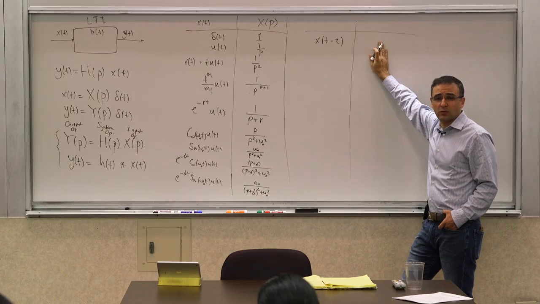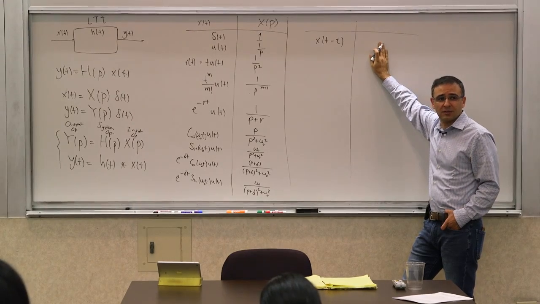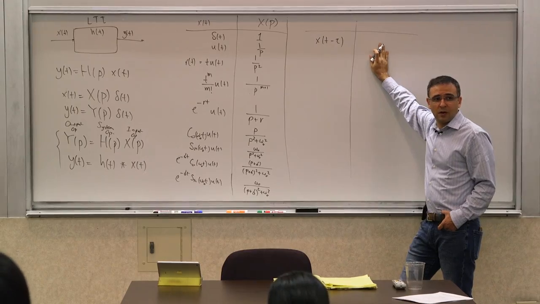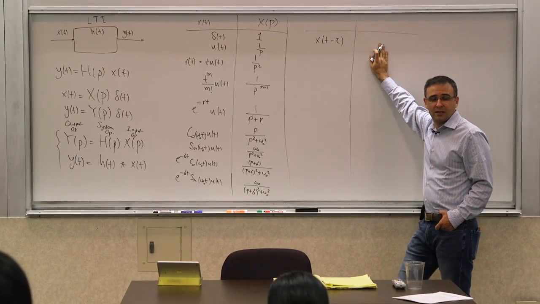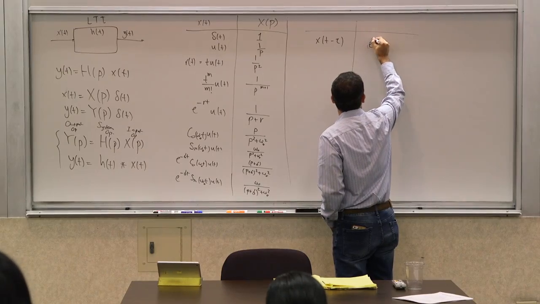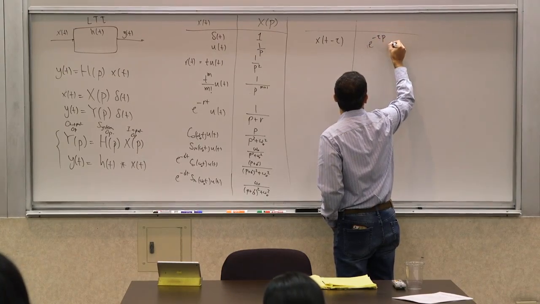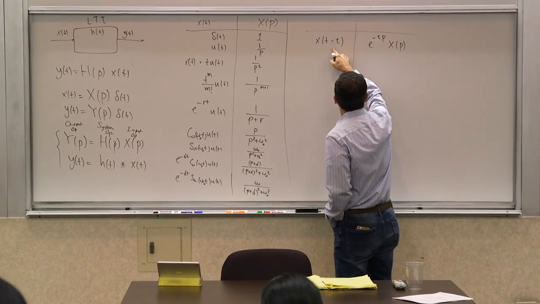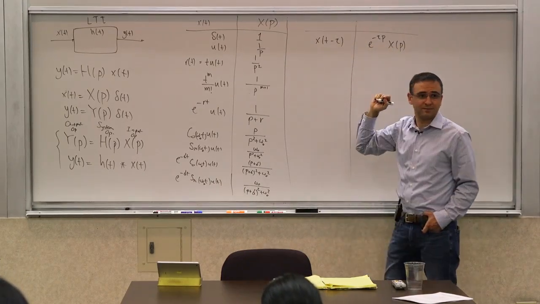And this was an important one, the delay, the time shift. What did it correspond to in the operator domain? e to the negative tau p times X of p would generate this function.